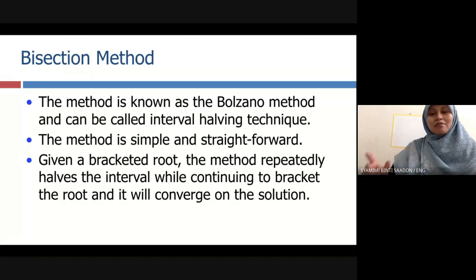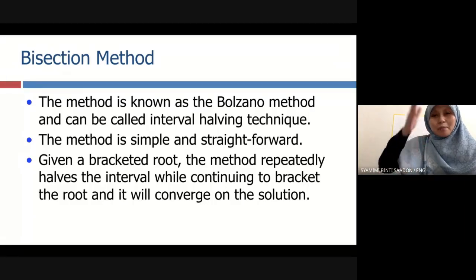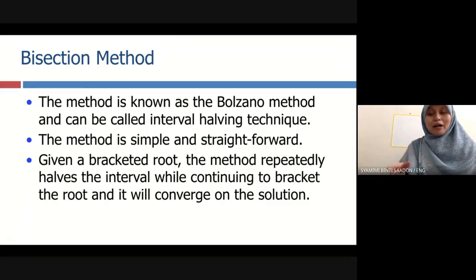Halving, half means separuh. So we do the iteration by choosing an interval and dividing the interval into half, into two. We find the midpoint, and then we continue until we achieve the solution.